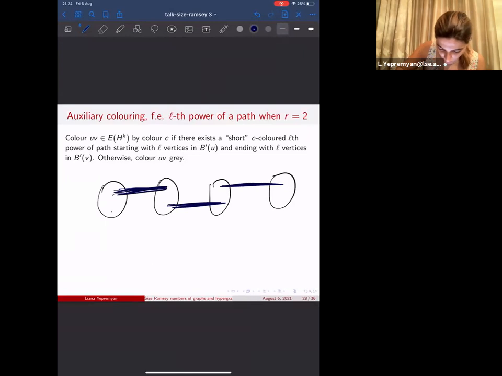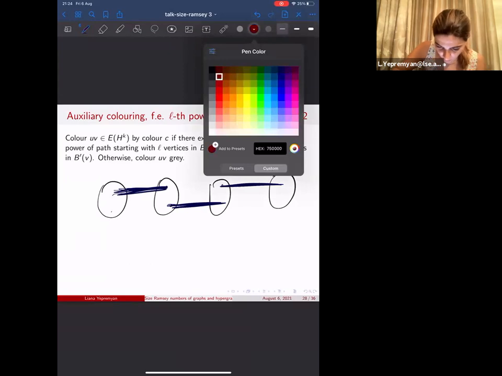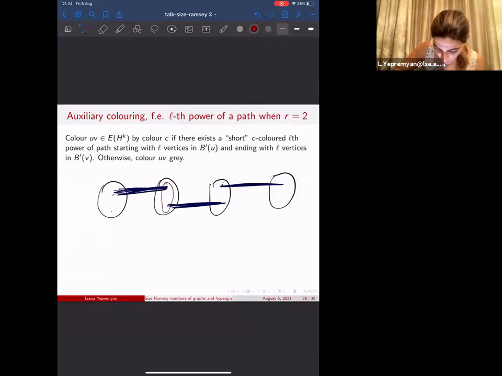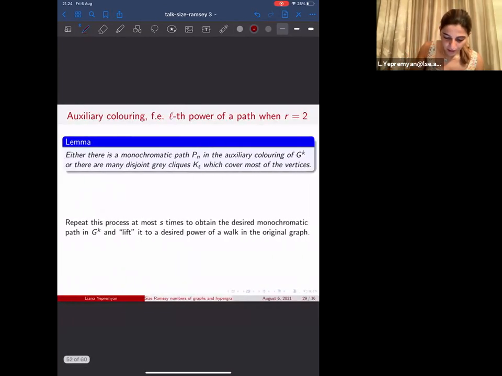Okay, so you can see that the endpoints here are not necessarily the same, but you can actually do some shifting to make these endpoints to be the same and find your desired monochromatic long path or power of a path. And this is the main lemma about auxiliary coloring that we prove: either there exists a monochromatic P_n in the auxiliary coloring, or you are going to find many disjoint gray cliques which cover most of the vertices.